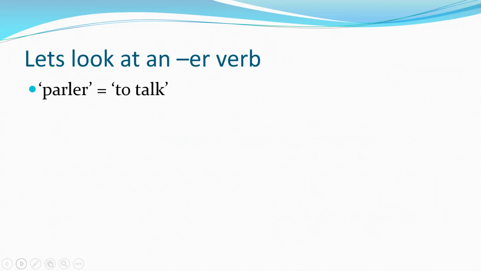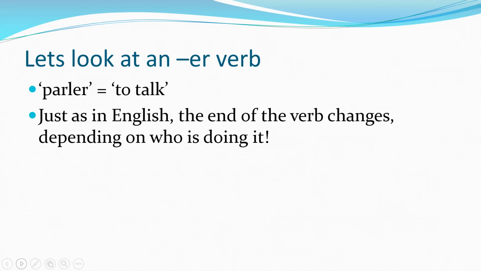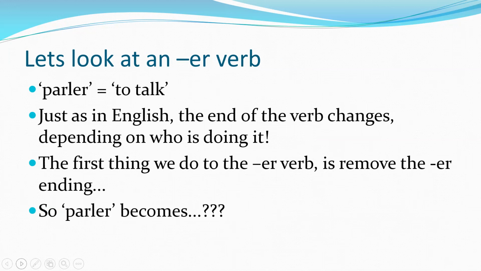Let's take a look then at what happens to the verb. Parler is the verb we're going to use to help us uncover these patterns. Just as in English, the end of the verb changes depending on who's doing that. The first thing that we do to an ER verb is to remove the ER ending. So parler becomes parl.